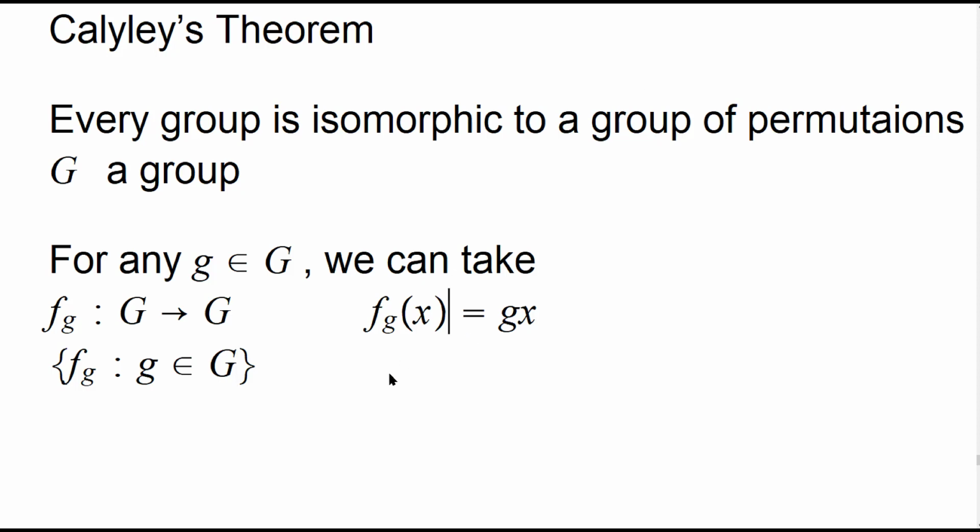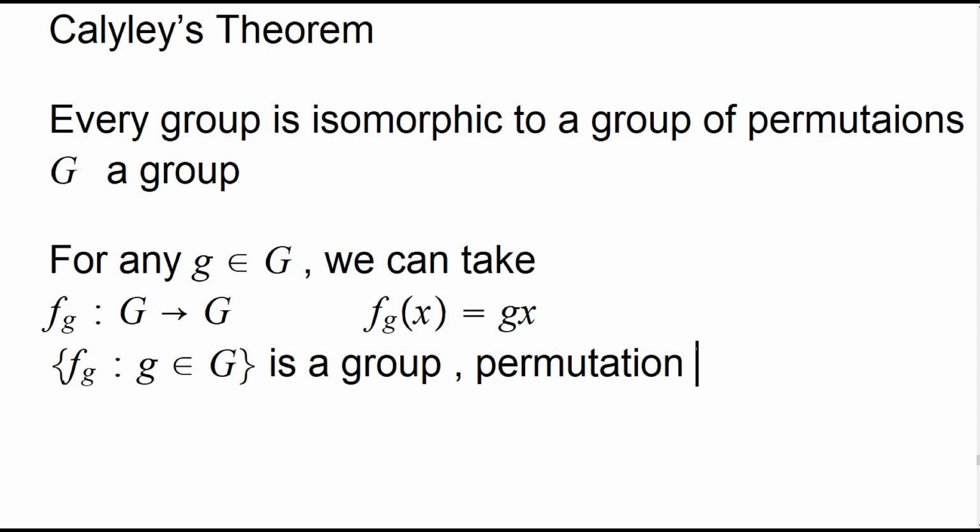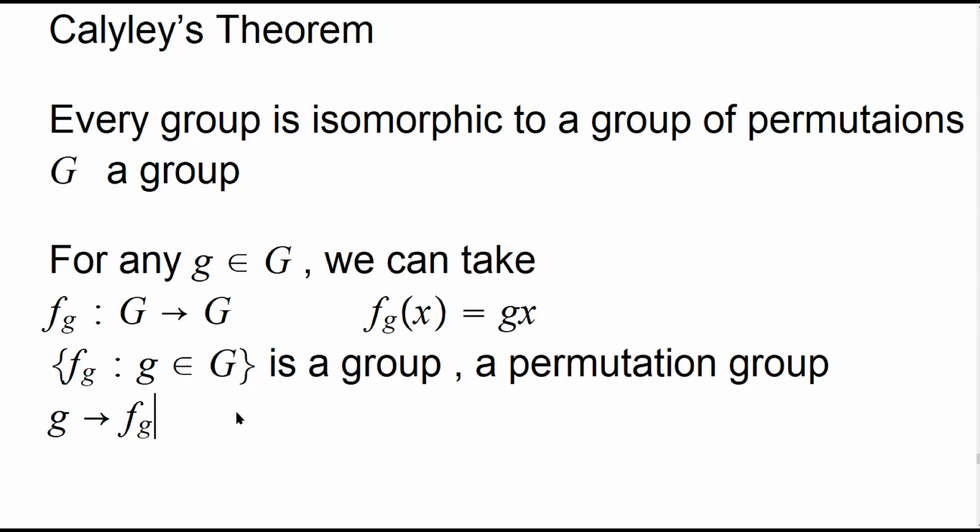So this is a group, and of course it is a permutation group. Now if you take the correspondence that g is assigned to f_g, then that correspondence will be an isomorphism.